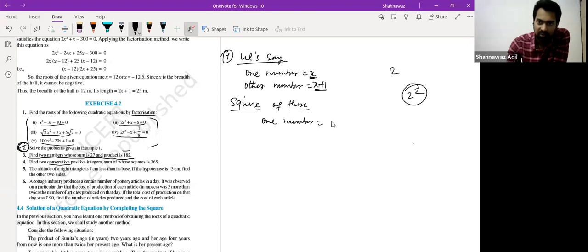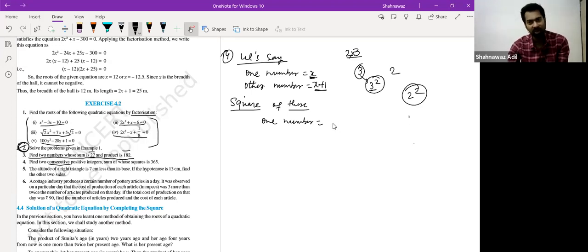We are squaring, we are not doubling, right? If we double the number 3, that would be 2 into 3, but we are squaring. So if we take the square of 3, that would be 3 square. So what would be the square of x?